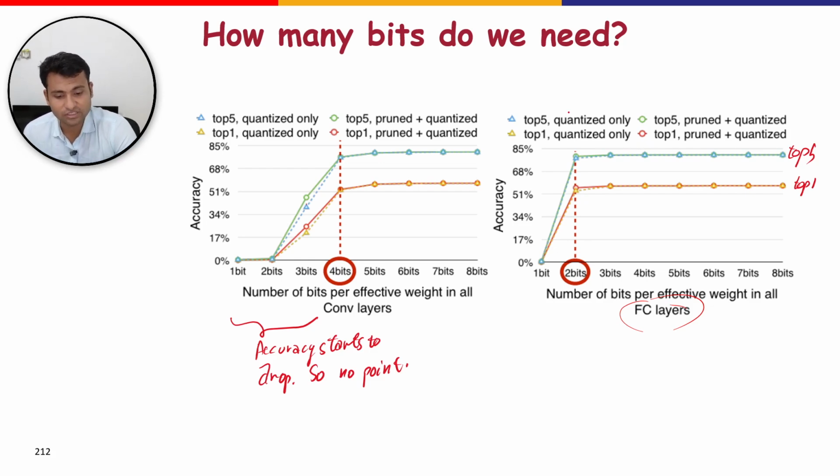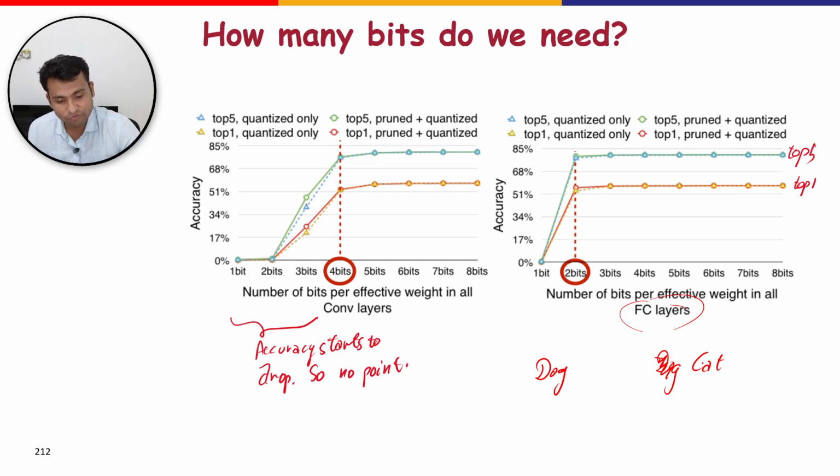There are two metrics, top 5 and top 1. Let me explain it properly. Let's first understand top 1: if the correct class was, let's say, dog, and your machine learning model predicted dog, then it's correct. If it predicted cat, then it is wrong.